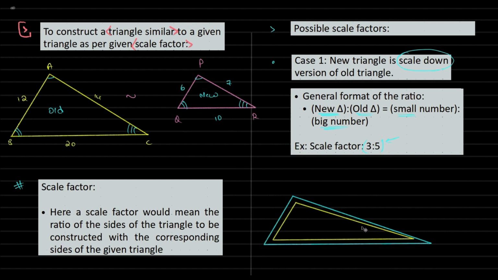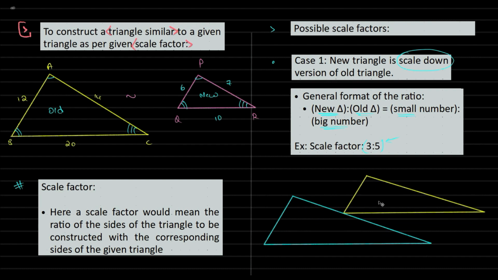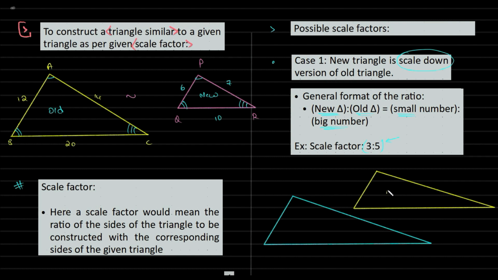See, they look the same, is it not? Just that it is a smaller version of it. So that's your new and that's your old. So 3:5. If this is of length 3, this will be of length 5. So it's a scaled down version. The new triangle is a scaled down version of the old one. You got the difference?